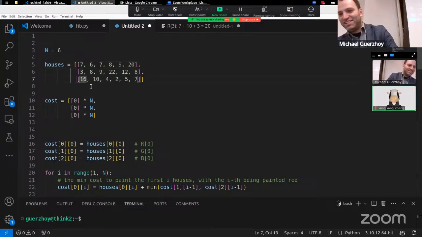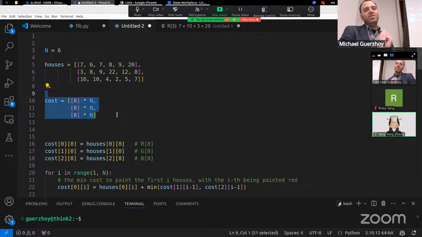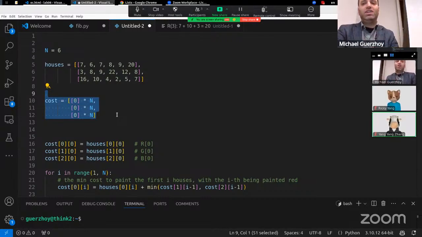All right. It's a little bit distracting, so. Oh, okay. Now I got to find out what the other people look like. Okay, all right. So what we then do is we set up the cost array.